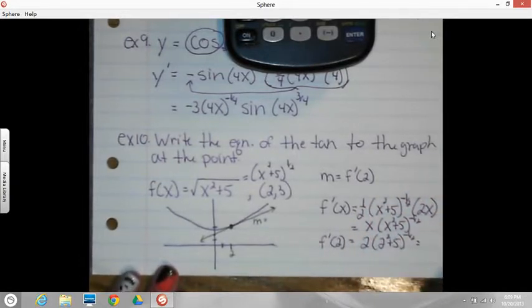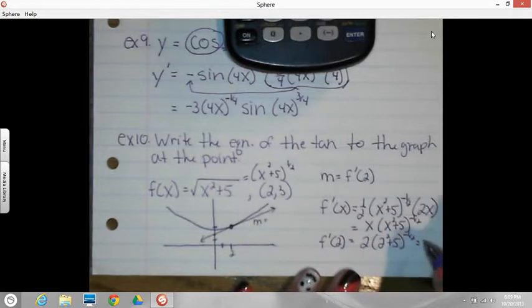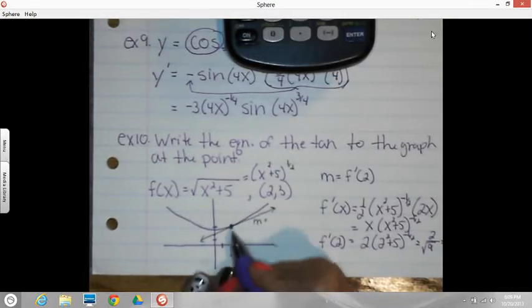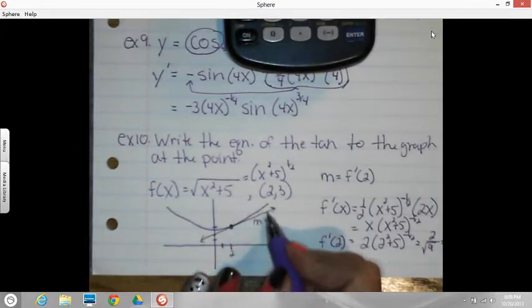Let's see, that is 2. Negative 1/2 power means it's down there in the bottom of square root. That's square root of 9. 2/3. So the slope of that line has a rise of 2, run of 3.